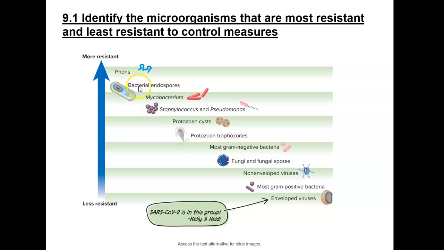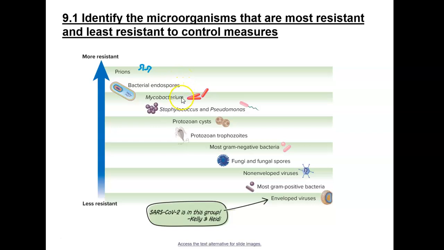So if you inactivate endospores, you can sterilize. The next most difficult things to inactivate are Mycobacterium. Most people around the house would never need to worry about inactivating endospores or Mycobacterium. In house cleaning situations, we're not typically worrying about sterilizing things.